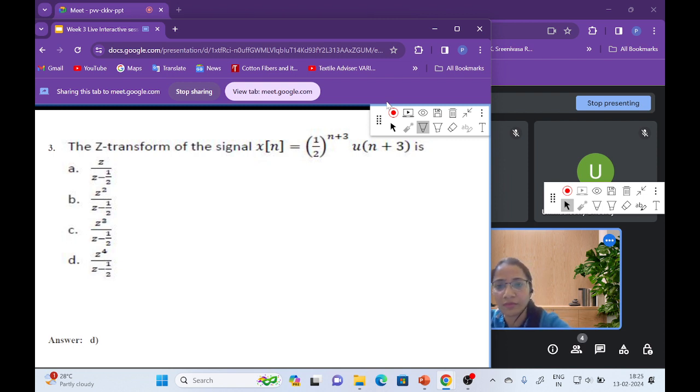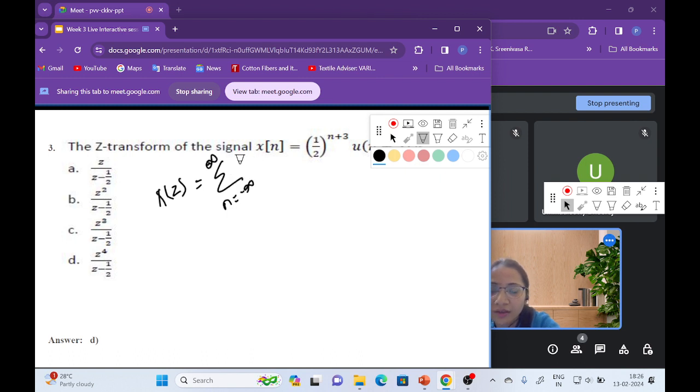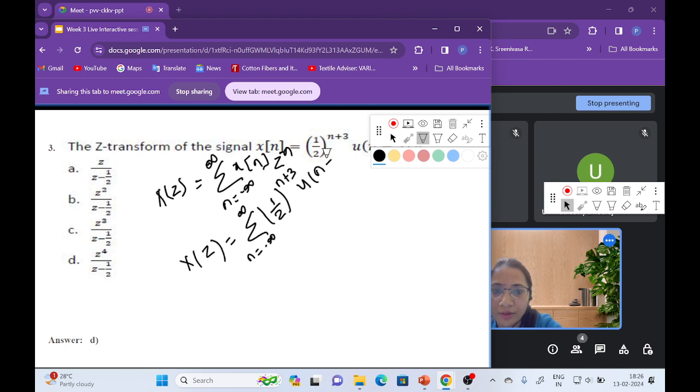Okay, so as you know, x of z is represented as the sum from n equal to minus infinity to infinity of x of n z to the power minus n, which is equal to the sum from minus infinity to infinity where the value of x of n is 1 by 2 to the power n plus 3 u of n plus 3.